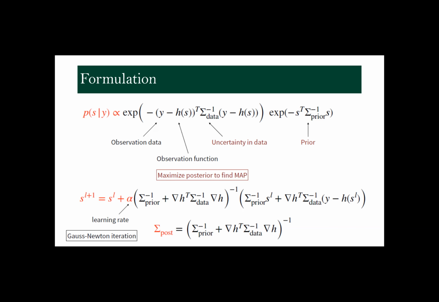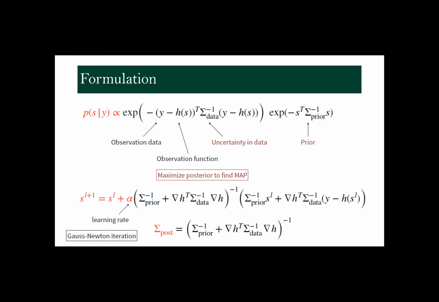If we try to find one best estimate, the deterministic case, you can use the Gauss-Newton iteration. Basically, you are minimizing the negative log posterior, or maximizing the posterior, and finding the best model. Usually, if it is Gaussian, the mode and the conditional mean are the same.